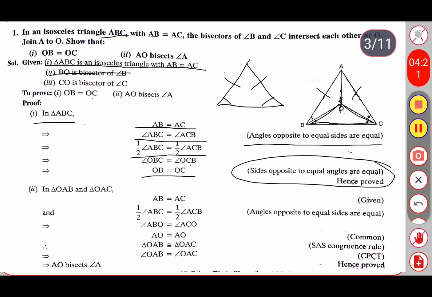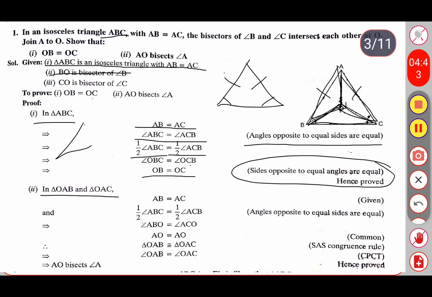Now, consider the second part. In triangle OAB and triangle OAC. The first triangle is OAB and the second triangle is OAC. The triangles are like this.